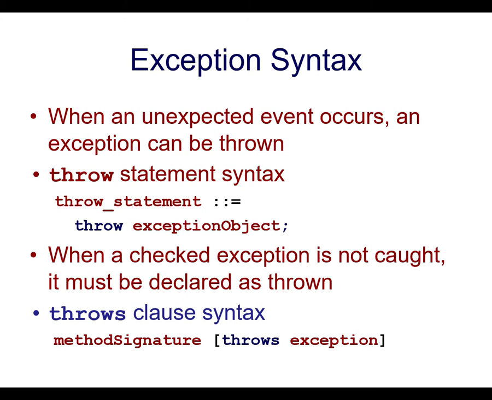It is used in a throws clause that is added to the end of a method signature. Here is the syntax of that throws clause. Notice that it is enclosed in the black square brackets that mean it is optional, which should be clear given the fact that we have seen method signatures already and none have included that clause.